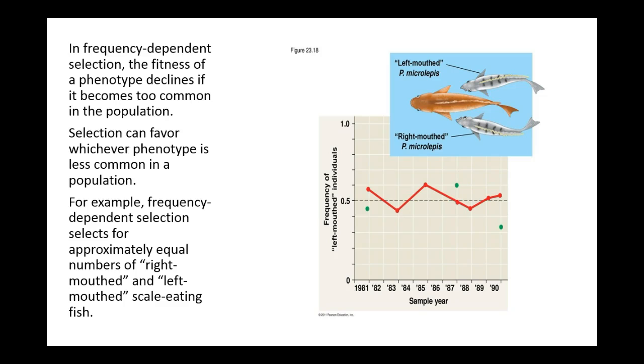But if you have a fairly stable population of both left and right, then that fish is not going to be able to really attack one or the other with greater frequency, so that causes both the left and the right to be maintained in a pretty stable population amount. And so this frequency dependent is approximately equal numbers of the left and the right.